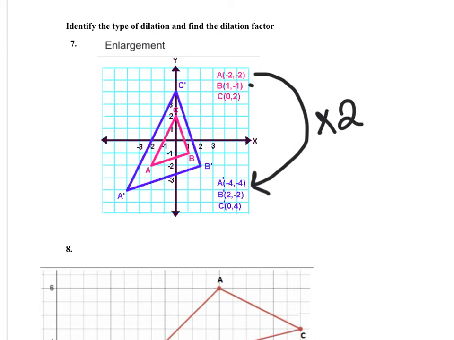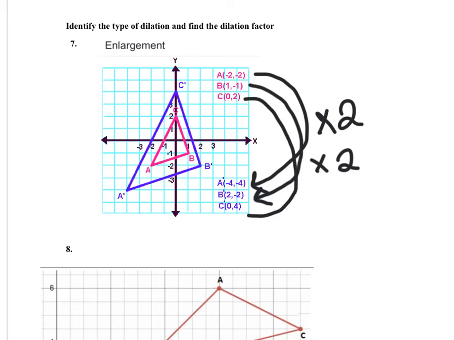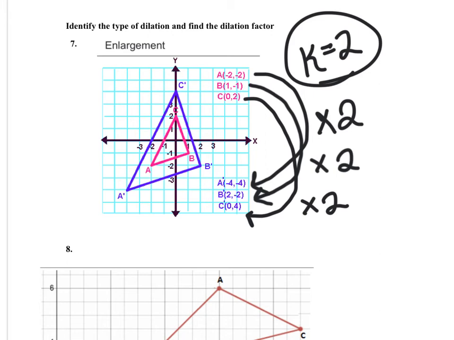Well, once again, in order for that to happen, it was multiplied by 2. And finally, the last set of ordered pairs for C is 0, 2. C prime is 0, 4. Well, once again, it does hold true that in order to get from 0 to 0, you can multiply by 2, and 2 gets to 4 by multiplying by 2. So the scale factor here is 2. Okay, that is your dilation factor.